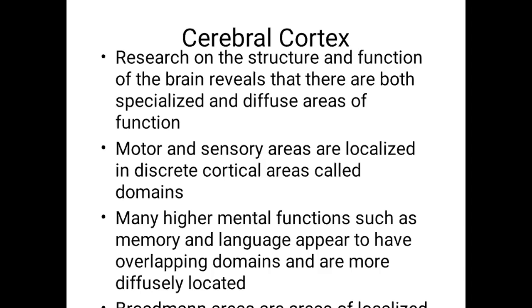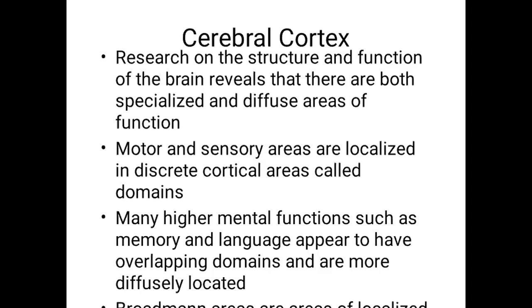Motor areas and descending tracts are basically controlled in the cerebral cortex. The part of the cerebral cortex, especially the frontal lobe, has the motor area, premotor area or premotor complex, frontal eye field area, association areas, and suppressor areas, which govern the control of skeletal muscle responses or voluntary movements.